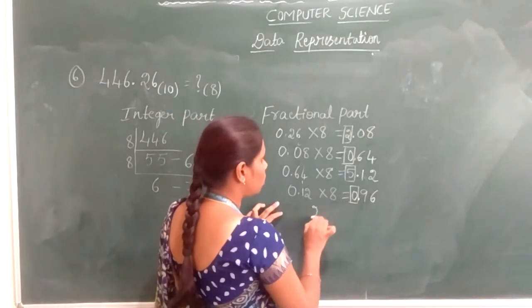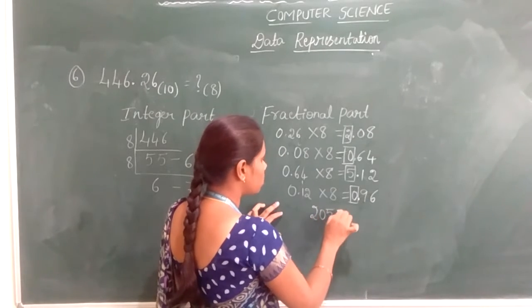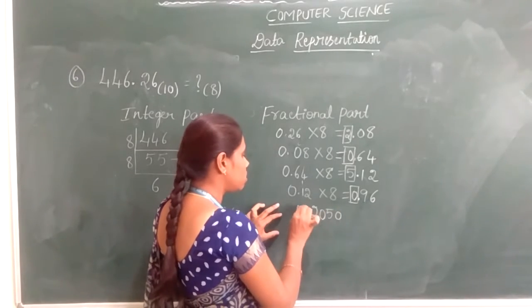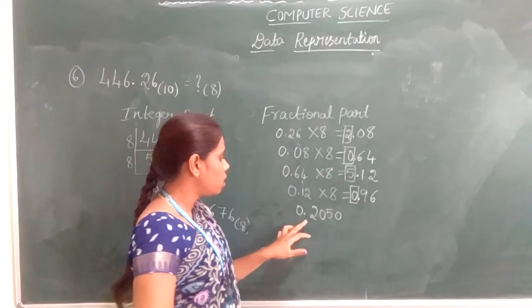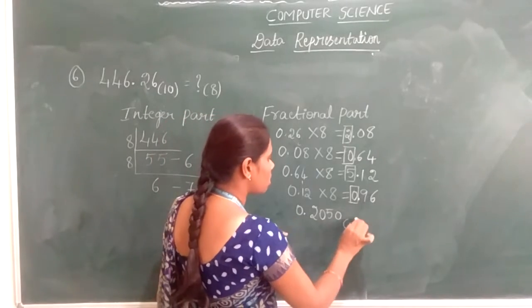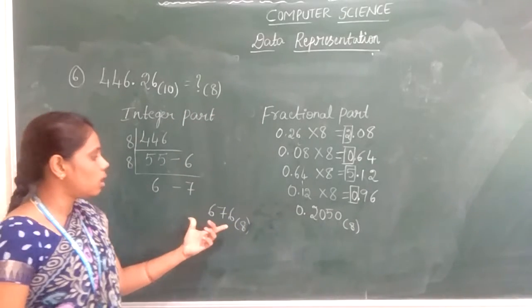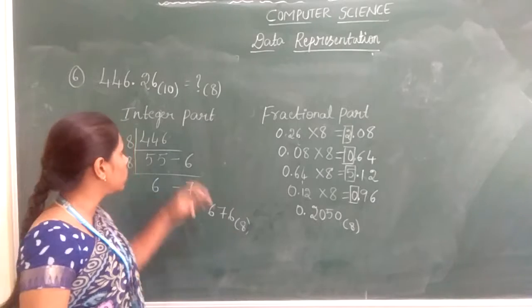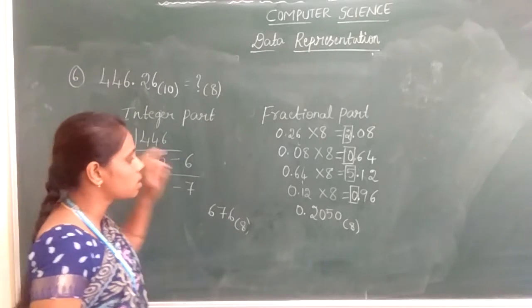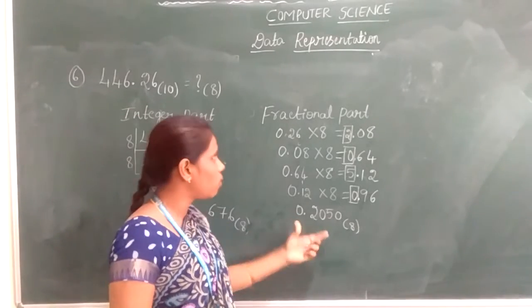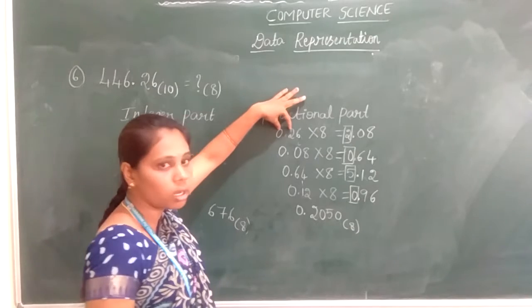That is 0.2050 base 8. Now this is the octal equivalent value for the integer part 446, which is 676, and this is the octal equivalent value for the fractional part 0.26.